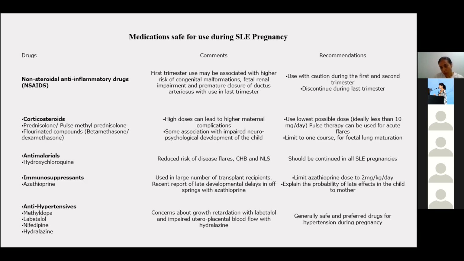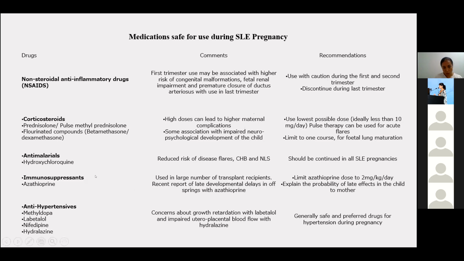Pulse therapy is preferred over continuous high-dose therapy for acute flares. Fluorinated compounds like betamethasone and dexamethasone, we use them in IU for lung maturity, and later I will discuss them in congenital heart block. So there is some association with impaired psychological development of the child.